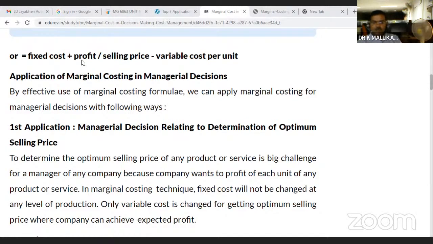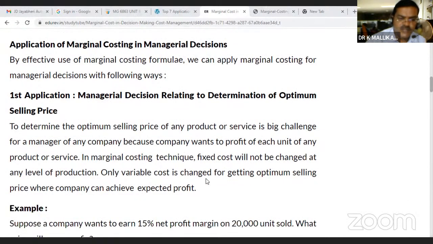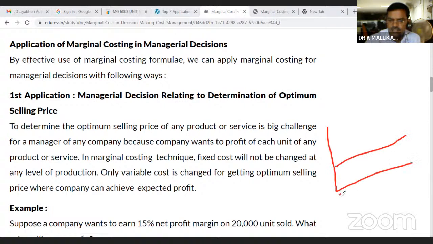Determining the optimum selling price of any product or service is a big challenge for a manager or a firm. In marginal costing techniques, fixed cost will not change at any level of production. Fixed cost remains constant, as we will see in this graph. Either you produce a single product or 100 products, the fixed cost remains constant.